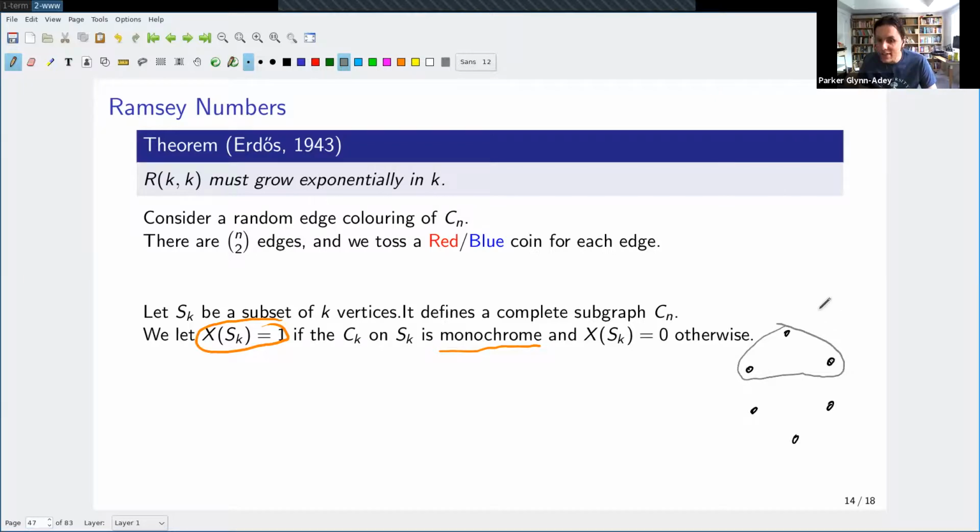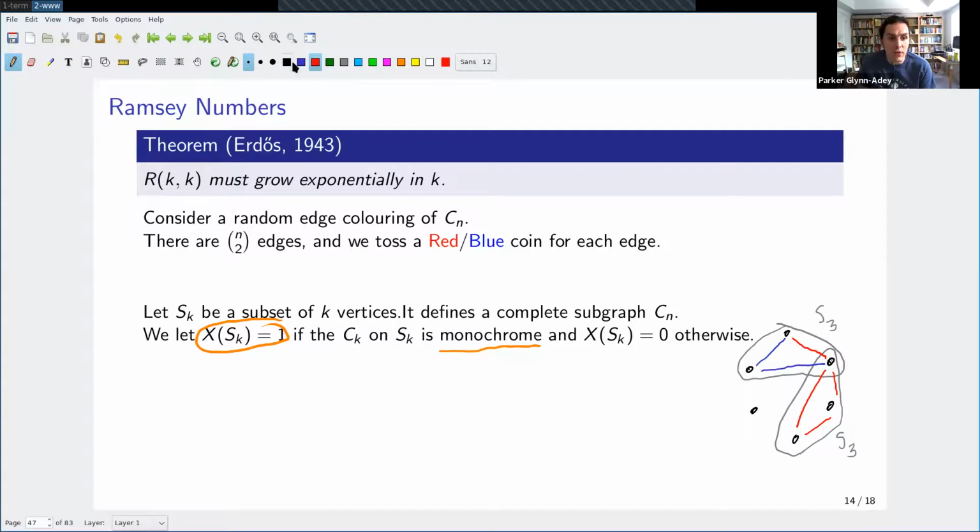Right, so this is going to be an S3 for us, or this would be another S3. We're going to look at those 3 vertices, and in those vertices, there's going to be some coloring. Right, so here we're going to say, okay, this is not monochrome.